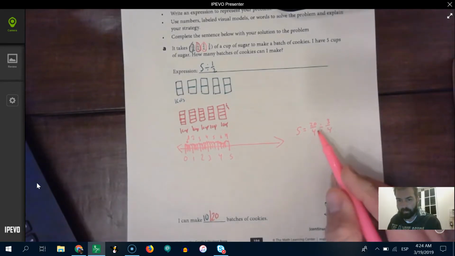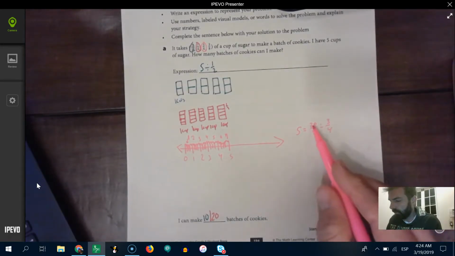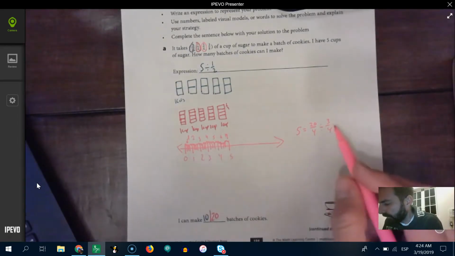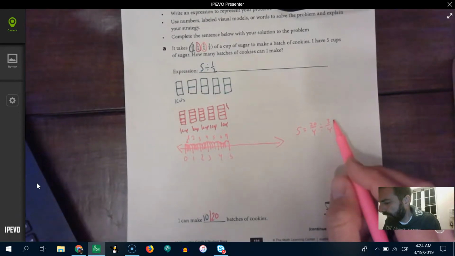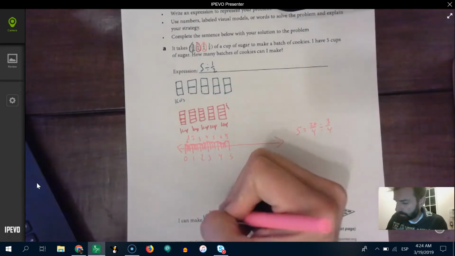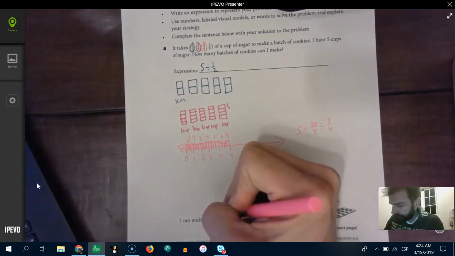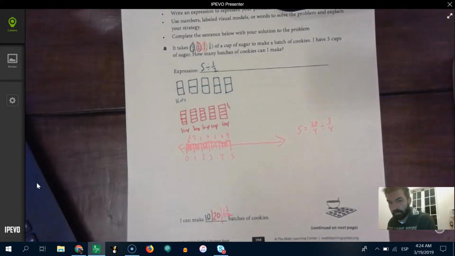So how many 3/4 are in 20 fourths? And 3 doesn't go into 20, so I think I messed this up. So I think it was 6, right? Because that would be 18/4, and then there'd be 2/4 left over, so that we can make 6 1/2 batches. Man, when it's not a unit fraction, it gets a little complicated.